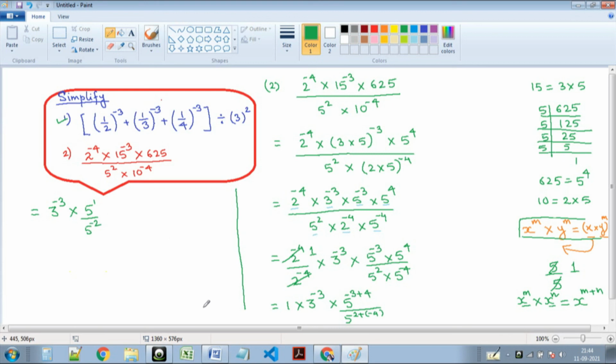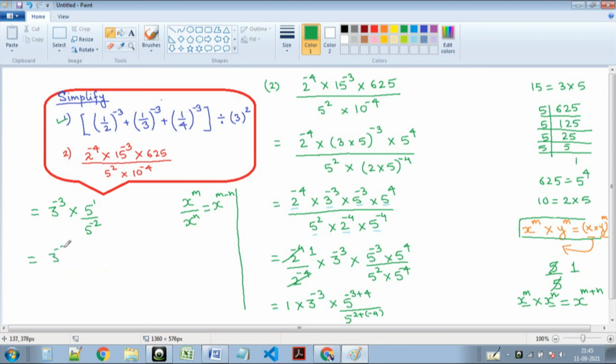Now again the last law we have to apply here. What law? x to the power m divided by x to the power n, that we know is x to the power m minus n. So here you can see that 5 to the power 1 divided by 5 to the power minus 2 is there. So the same law we have to apply here.